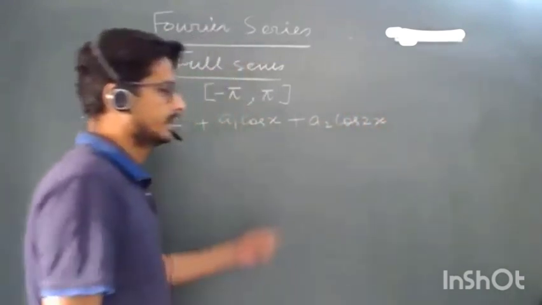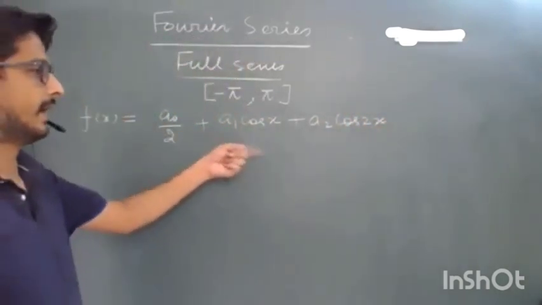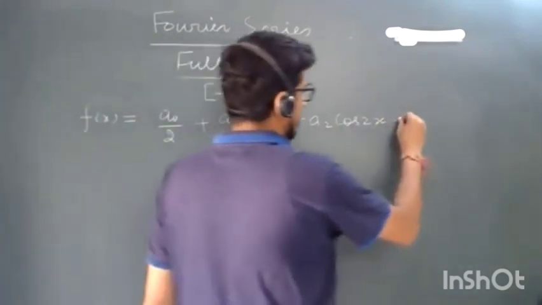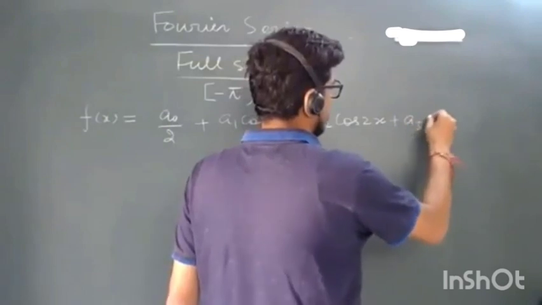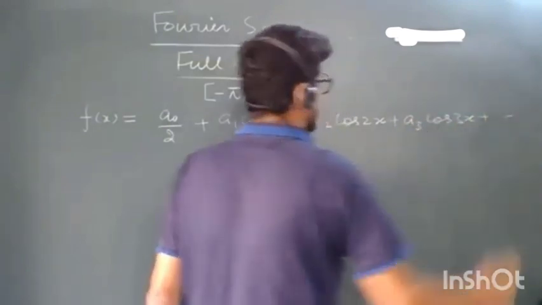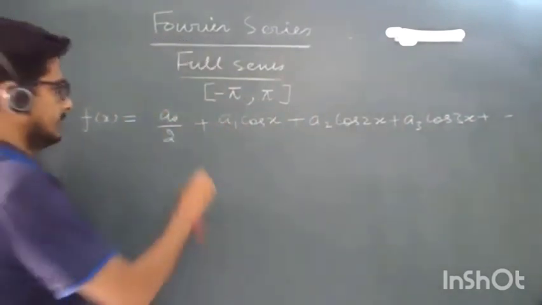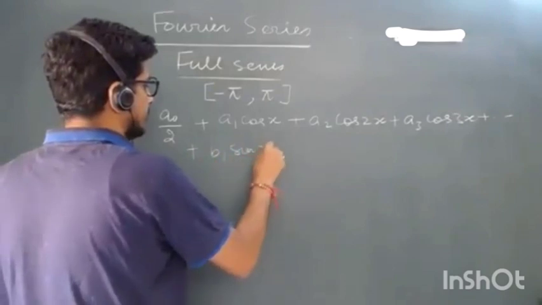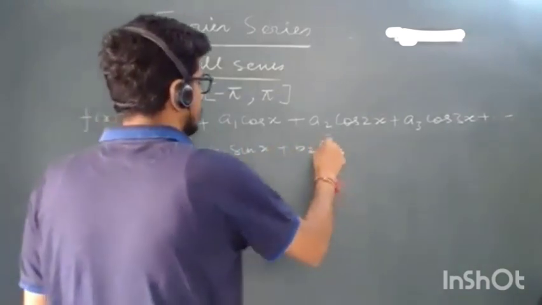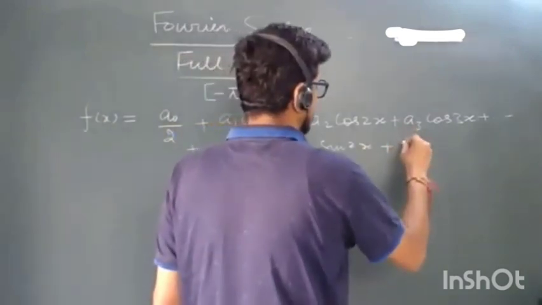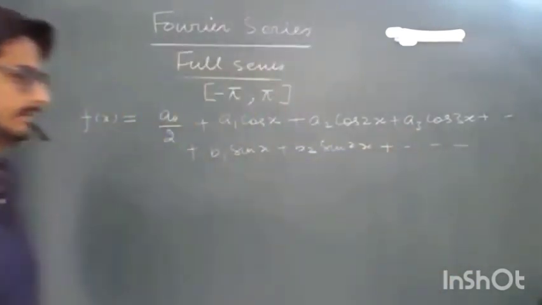I told you that it is written in the form of harmonics of cosine and sine functions, and plus a3 cos 3x plus dash dash dash plus b1 sin x plus b2 sin 2x plus dash dash dash.